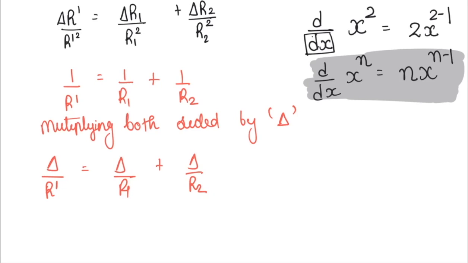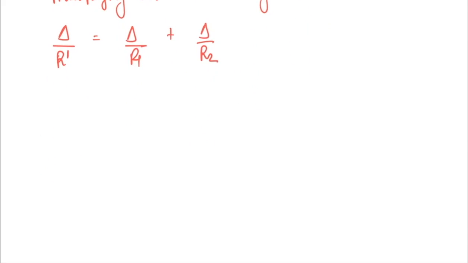Now for a partial differentiation, delta will become del. What I'm going to do here is change delta to del, then perform some expressions, then I'll bring this del back to its original state, delta. Delta is a change in anything.